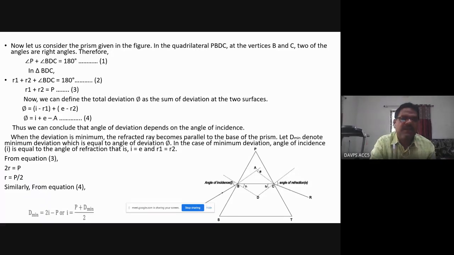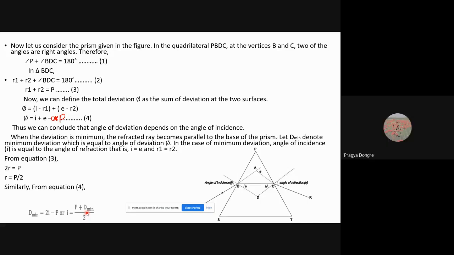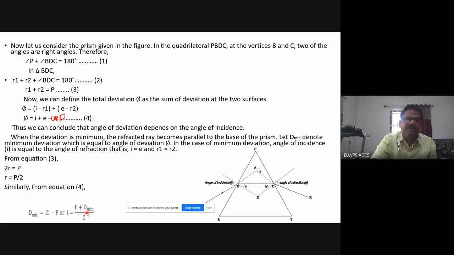This is not the A, this is P. And for minimum deviation we have written this one. Clear? That is D minimum equal to 2I minus P, or I equal to P plus Dm by 2. Up to this, all of you are understanding? Yes, sir. Very good.